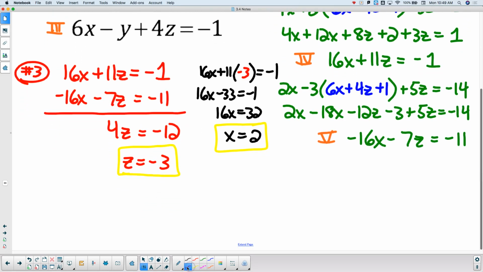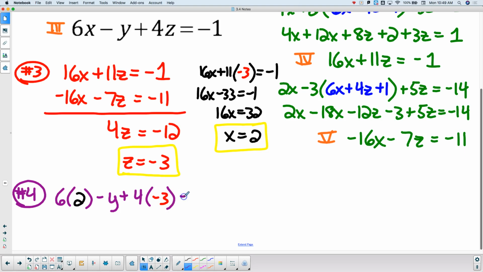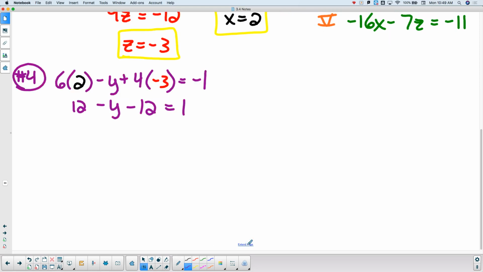Step number 4 says 6 times 2 minus y plus 4 times negative 3 has to be negative 1. 6 times 2 is 12 minus y, minus 12 equals negative 1.